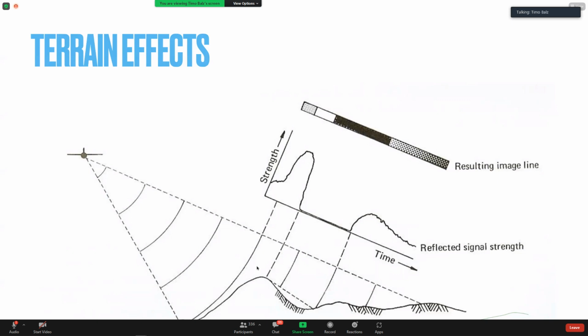Then you always have like a mirror, and also the area that you see from the surface is larger. Therefore, that side of the mountain is more white in the SAR image, and the back side is more dark. That's one of the terrain effects.